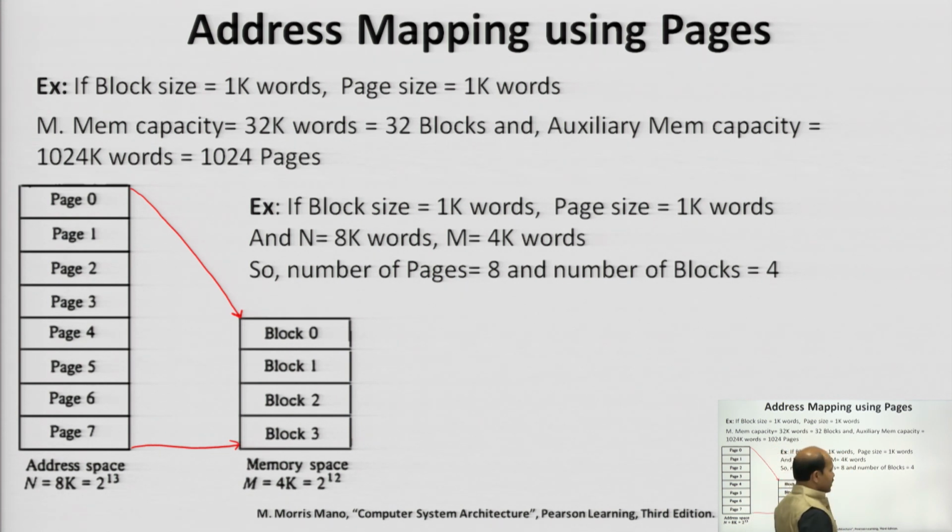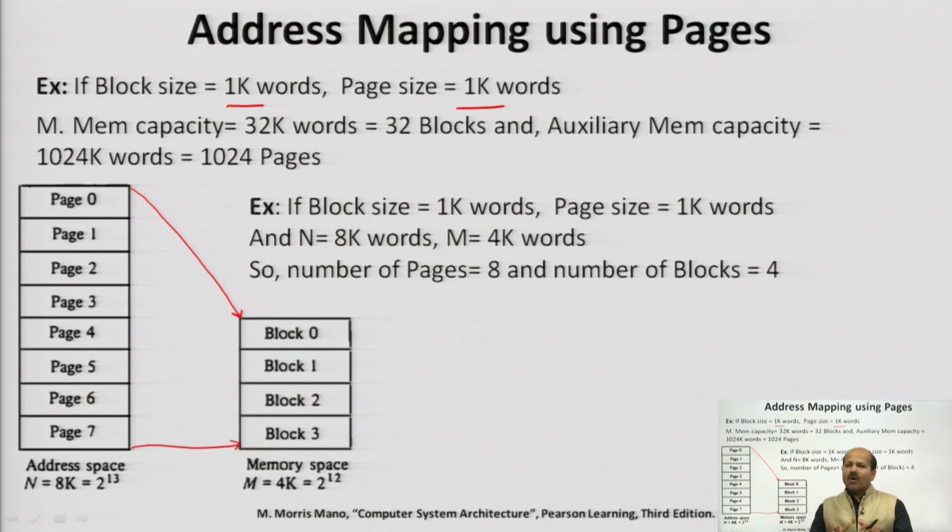Let us talk about one example. Two examples are shown to understand how pages of virtual memory are mapped to blocks of main memory. In the first example, block size is 1K words and page size is 1K words. Obviously, we have to transfer a page from the virtual address space or auxiliary memory to a particular block of main memory.